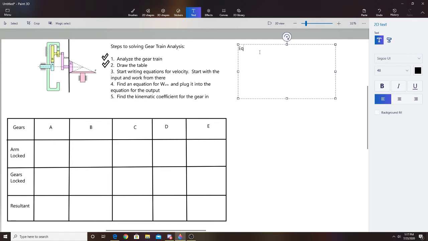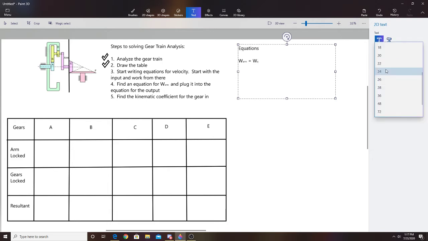So equations, we have W arm is equal to W A minus W AR.